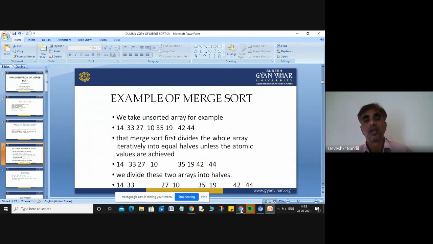So first of all, I will take an array of unsorted items like 14, 33, 27, 10, 35, 19, 42, and 44. This array has 8 items. You can see it in this given slide.